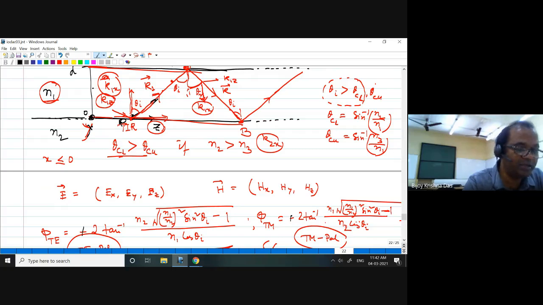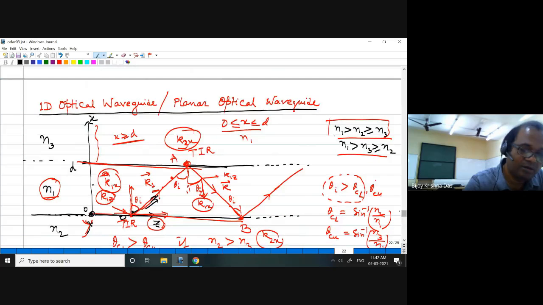So from that point, after total internal reflection, it is going like this, and then another total internal reflection happens here. Maybe we can consider TIR1, and here also it is happening, TIR2.